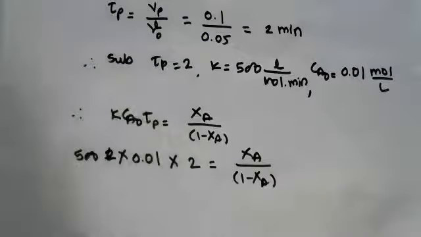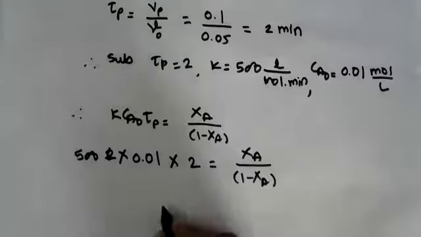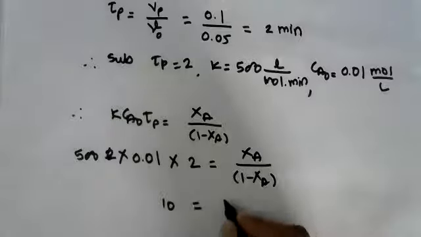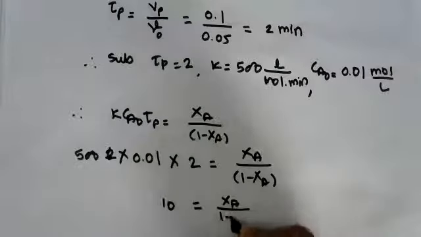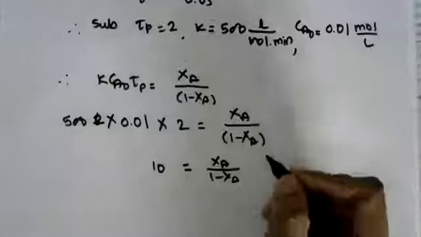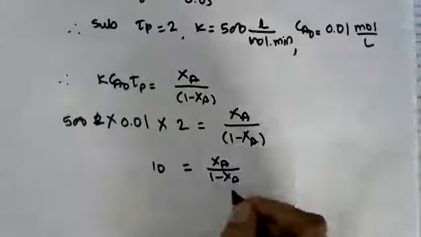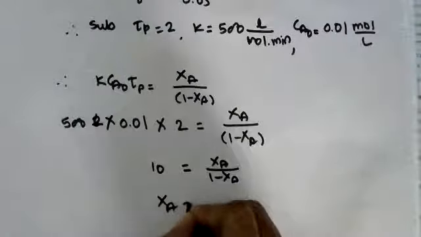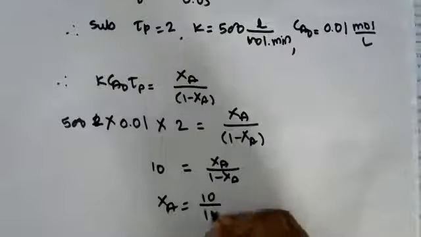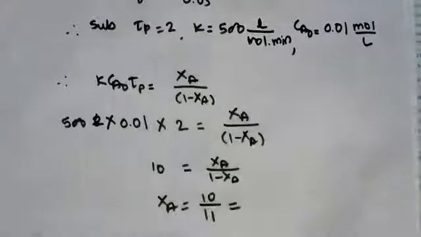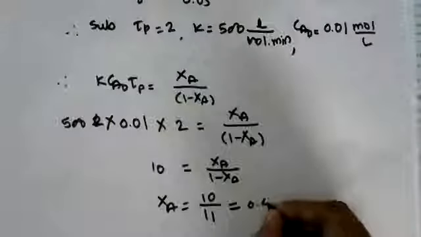So 10 is equal to xa upon 1 minus xa. If you simplify this, you will get xa equal to 10 upon 11.